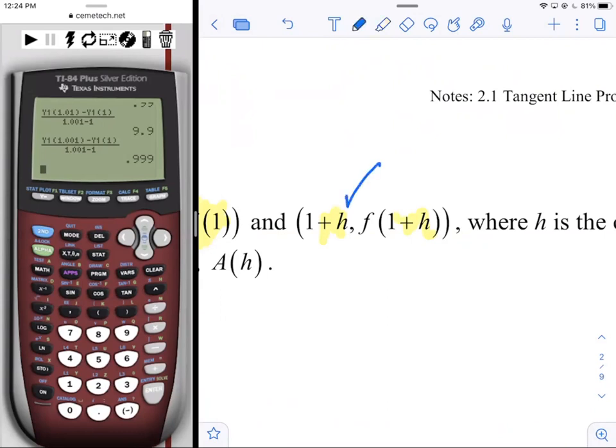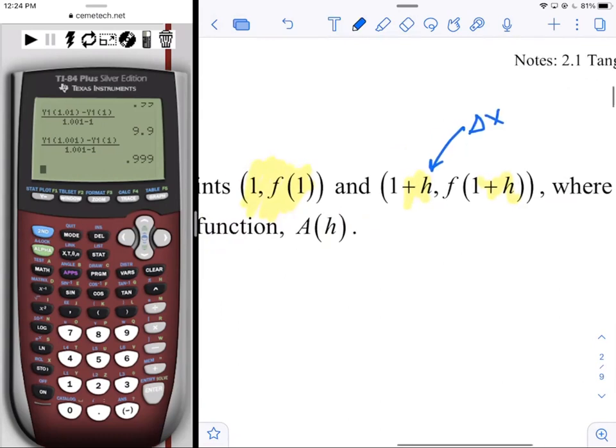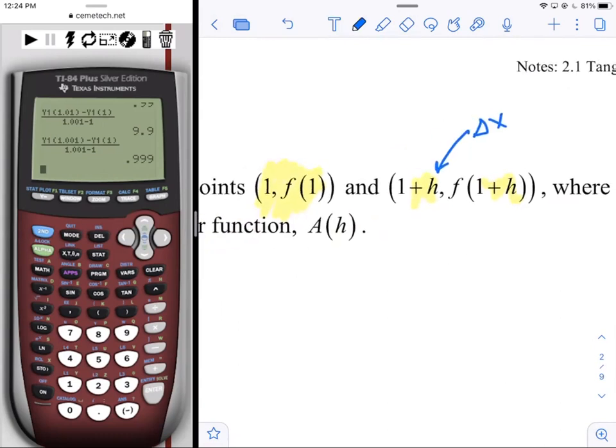This h is nothing more than a delta x, okay? But delta x is a cumbersome unit, right? Delta x is 2 variables, really, a delta times an x, that acts as a single unit. So in place of delta x, we replace it with h. You can think of h as being just a hair's width, okay, very thin. So I'm going to find now the slope between these 2 points.